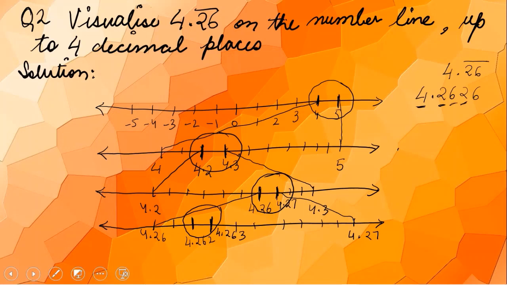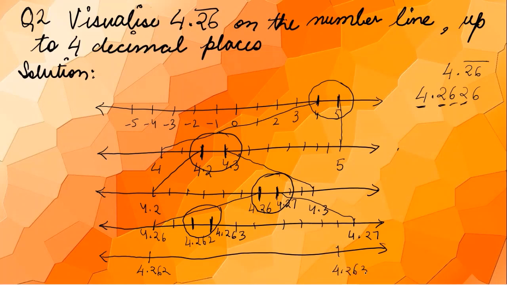Draw the straight line. Then after this draw a number line over here. Now we want to take 4.262 and we want to take 4.263.